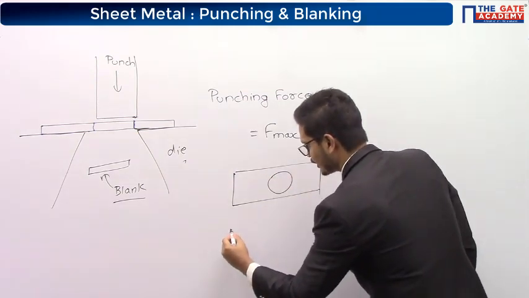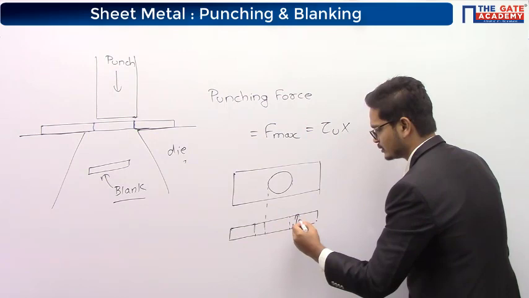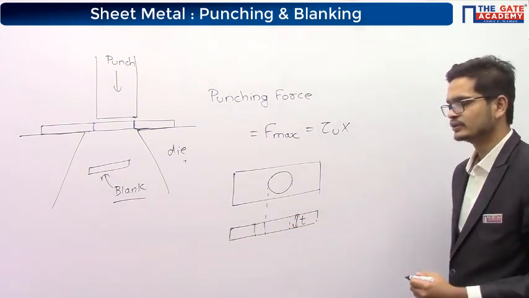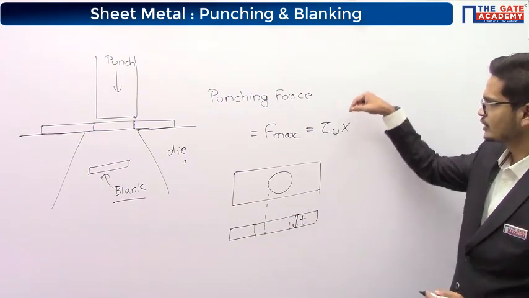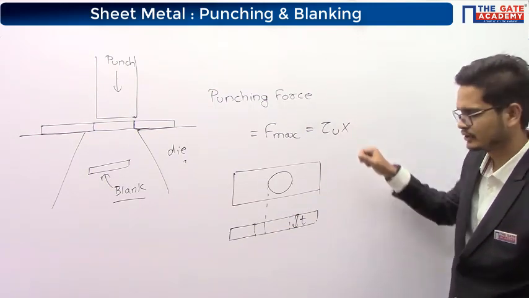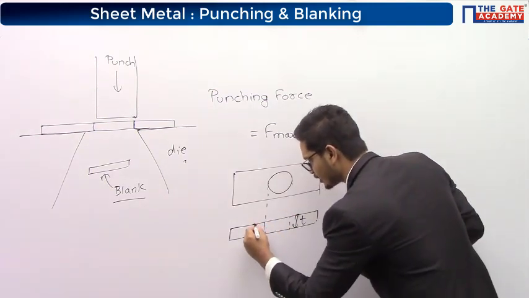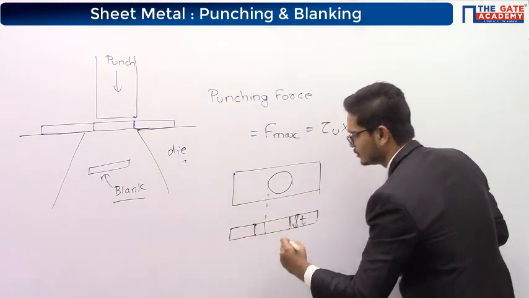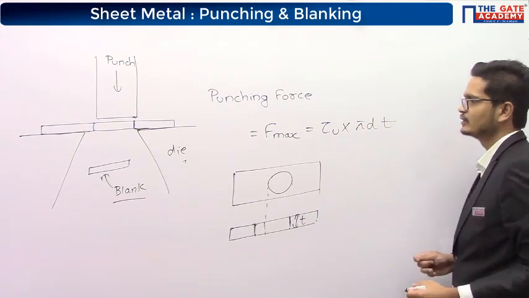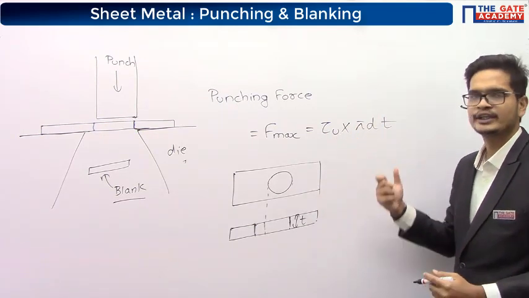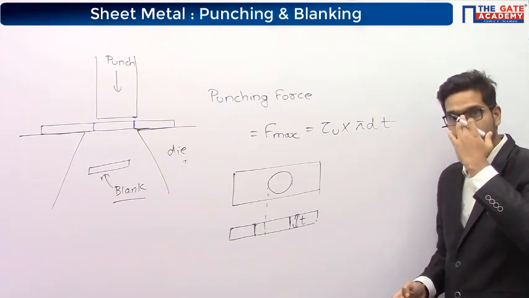If you look at it from the side, this is the thickness. So on which area has the shear force acted? The shear force has acted on this area, so it is tau u into pi d t.